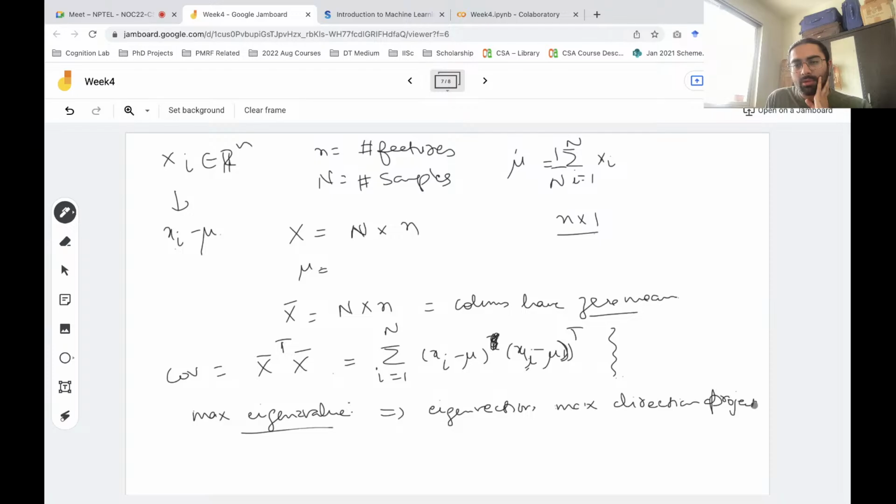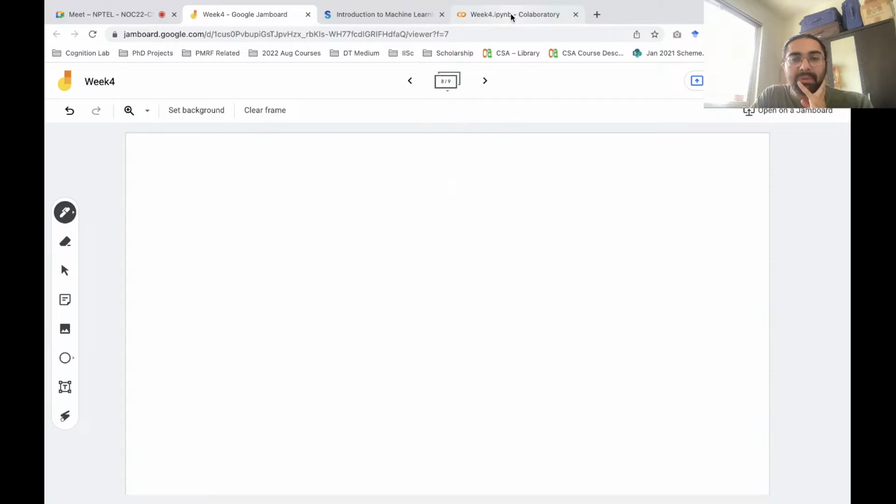And so on: the second max eigenvalue gives you the second most important principal component. So principal components are basically eigenvectors. This is the basic short way of talking about principal components.